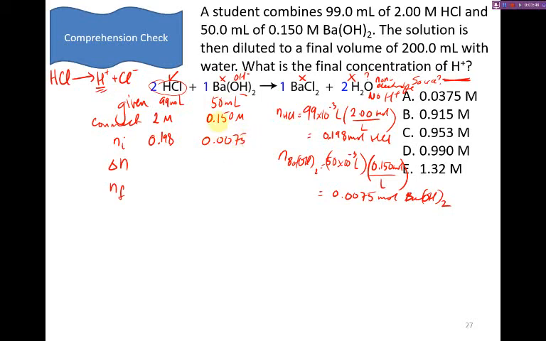To confirm that the barium hydroxide is the limiting reactant, what we can do is we can see if we were to use all of it, how much of the hydrochloric acid would it have taken? And since it's a 2-to-1 ratio, we have to account for that. Which means that we would have, oh, this ratio is backwards.